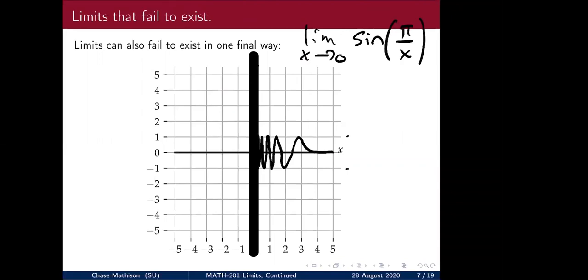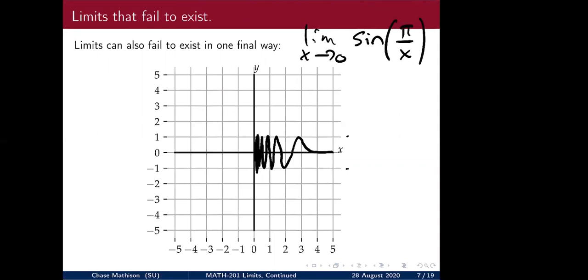Now, it's okay for a function to be very oscillatory like this, and by oscillatory, I just mean very wavy as you approach something, as long as the waves are what's called decaying, as long as they're decreasing to some number. But here, we have something that keeps bouncing back and forth between plus and minus 1.